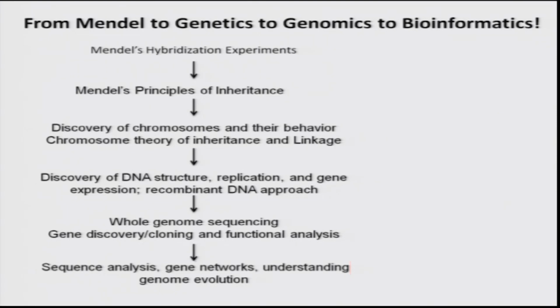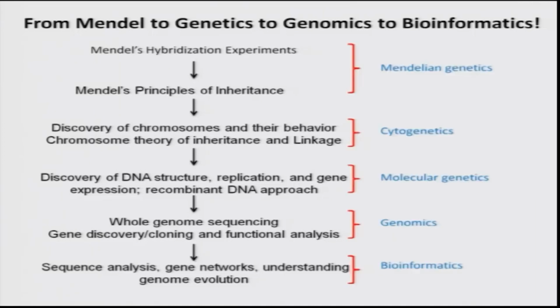So, how can all these different steps or stages of understanding be categorized? This is what we call them now. Mendel's hybridization experiments and principles are called Mendelian genetics. The behavior of chromosomes during cell division, either mitosis or meiosis, is classically called cytogenetics.